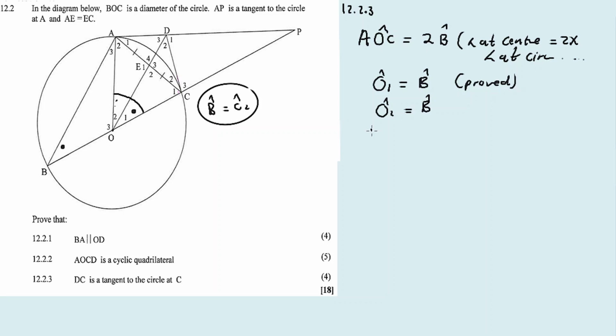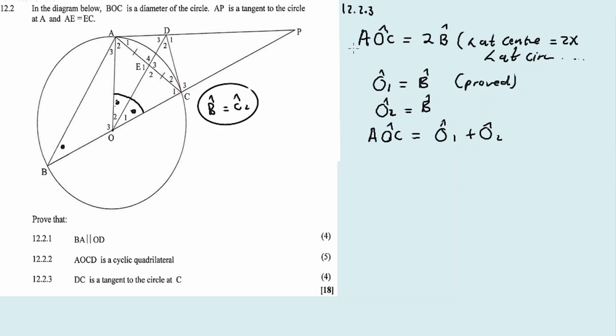Because angle AOC is equal to angle O1 plus angle O2. AOC, this angle is equal to O1 plus O2, right?